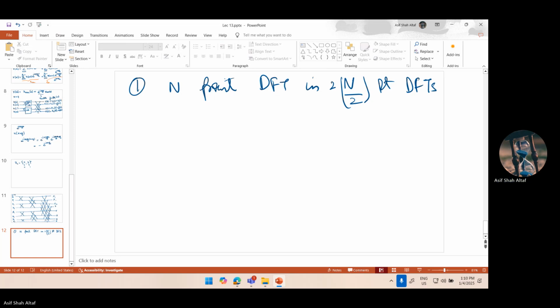At each level, you will have to compute n multiplications.